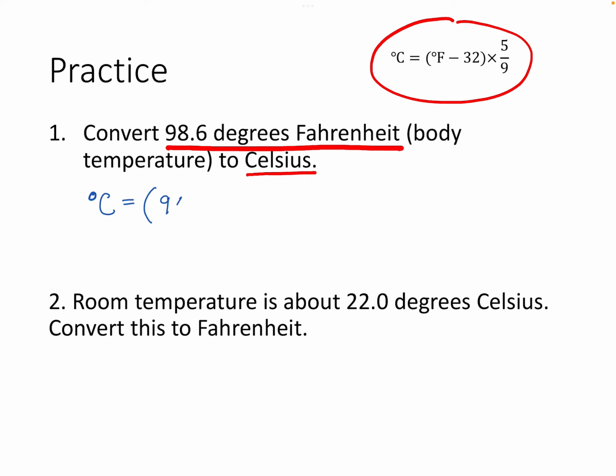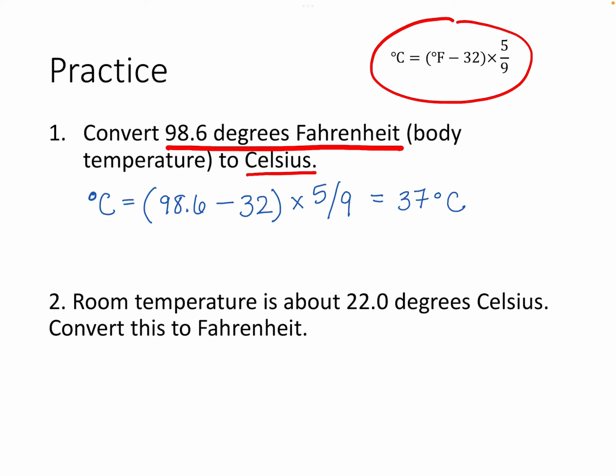So that would be 98.6, and we're subtracting 32, and then we'll multiply that whole thing by 5/9. So when I plug this into my calculator, I get 37 degrees Celsius. All right, so that would be body temperature in Celsius.